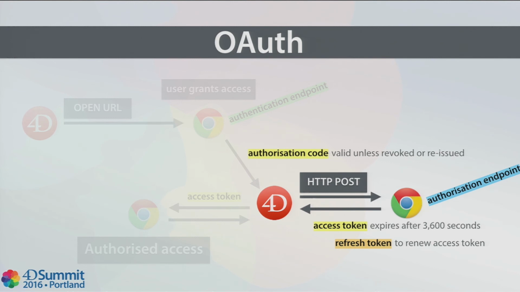So it's a different URL, but it's still Google. The server will then return 2 tokens. One is called an access token, which lets your 4D application actually access whatever services, Google Mail, Calendar, Drive, offered by the service provider.